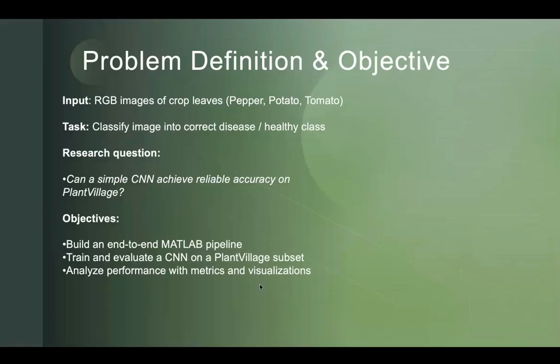To answer this, our objectives were to build a complete pipeline in MATLAB, preprocess and augment thousands of leaf images, train a CNN from scratch, evaluate its accuracy and errors, and analyze whether our approach can be used for real applications.